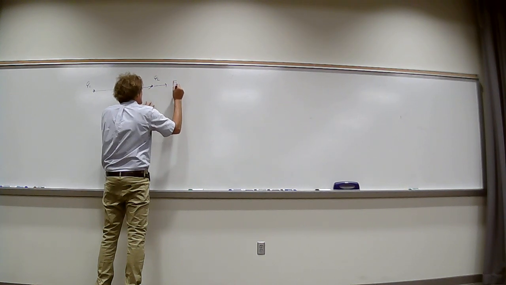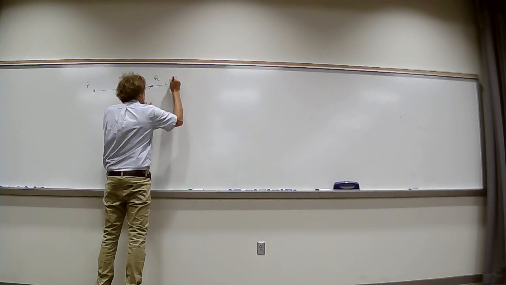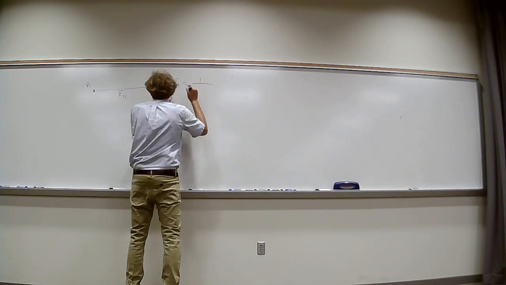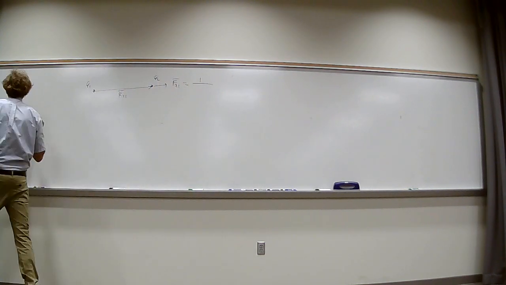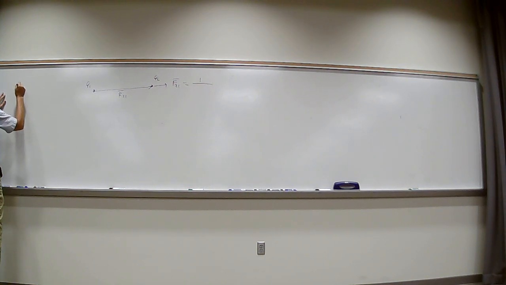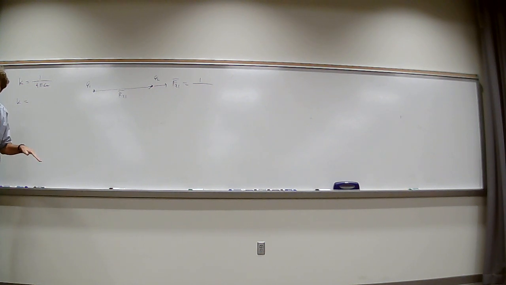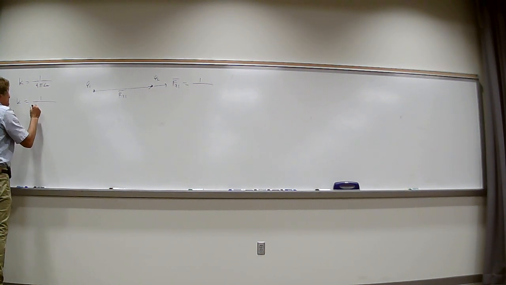The force on charge 2 caused by 1 is equal to 1 over, actually, let me do one other thing too. You can say K is equal to 1 over 4 pi epsilon naught. Remember how there's always that 1 over 4 pi epsilon naught occurring? Well, K is equal to 1 over 4 pi epsilon naught.